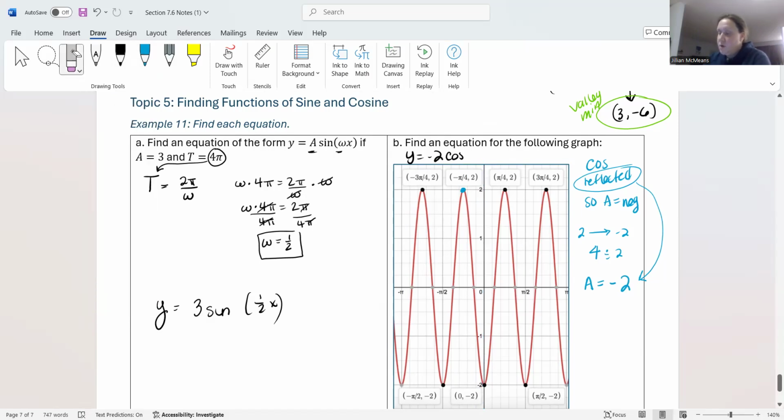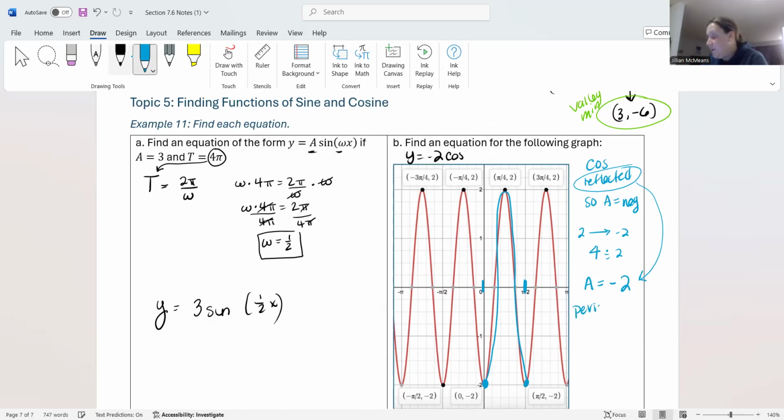I know that cosine has been reflected. So if I look at this min compared to this min, I've got one full cycle of cosine. So it's doing the full cycle right here. And I notice I'm going from 0 to pi over 2. So that tells me my period is pi over 2.